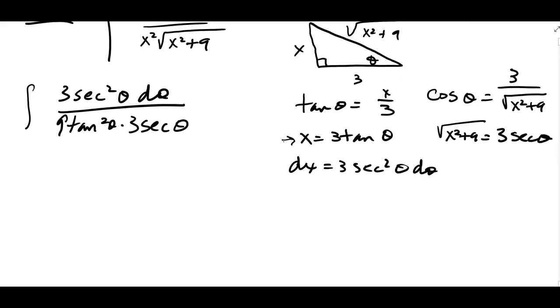Cancel everything away. The 3's cancel, so I bring out the 1/9. So what do I have? A secant over a tan squared.